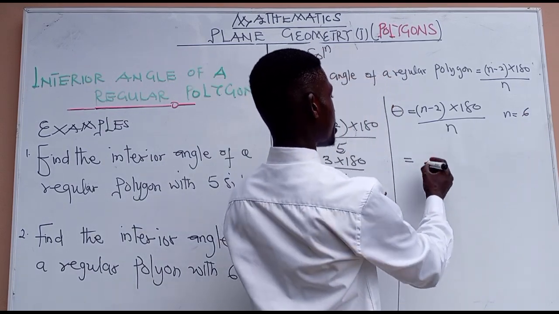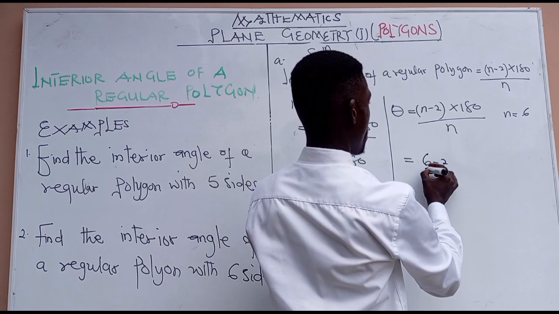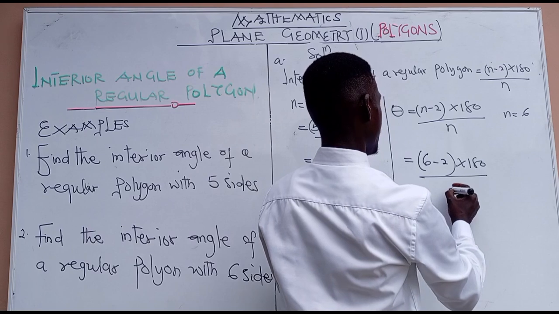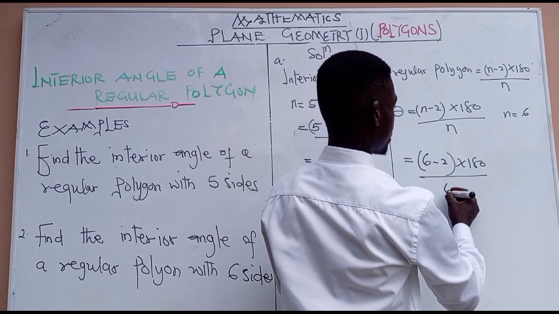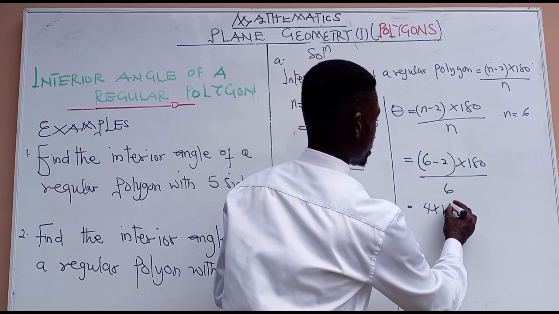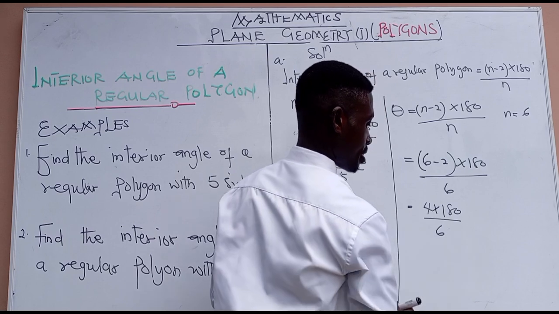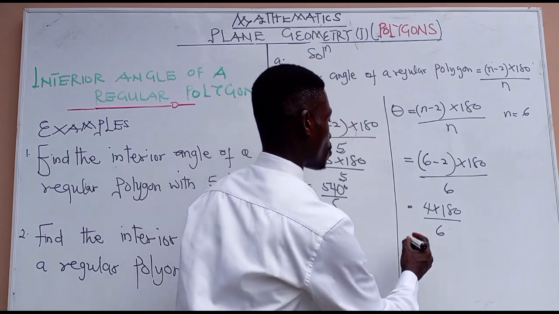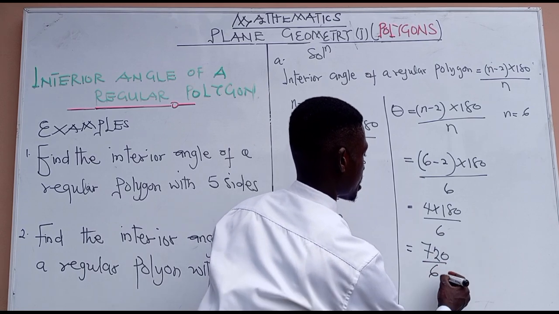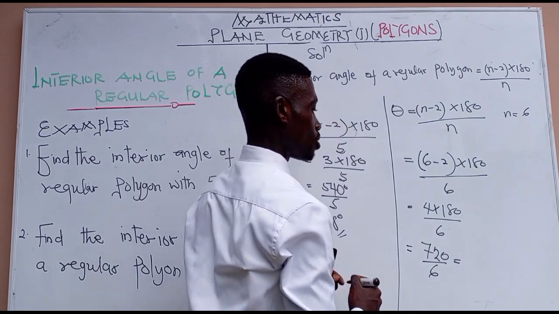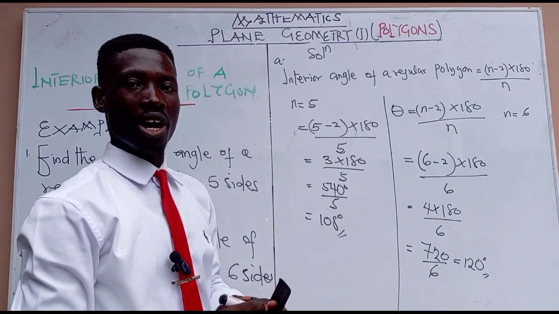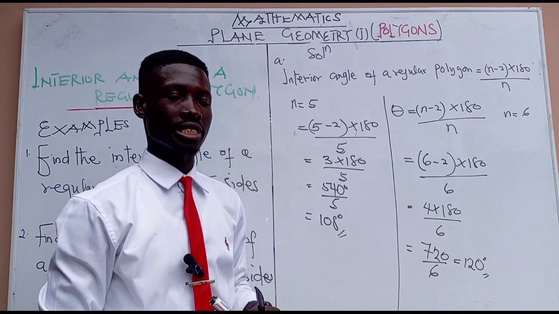So we are going to get 6 minus 2 multiplying 180 divided by 6. At the end, we are going to get 4 times 180 divided by 6. Now, 4 times 180 will give us 720 divided by 6. And 720 divided by 6 will give us 120 degrees. Very, very simple. I'll give you one example. You try your hands on it.